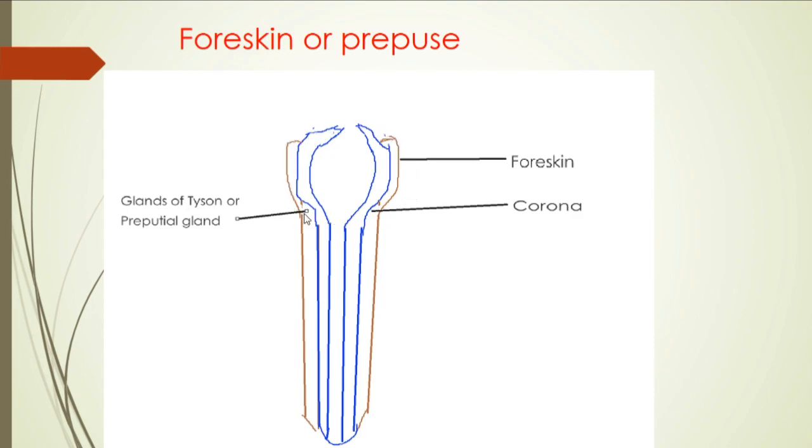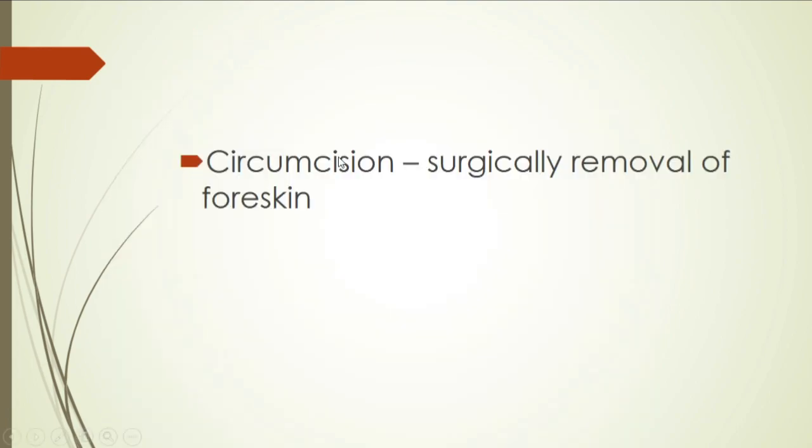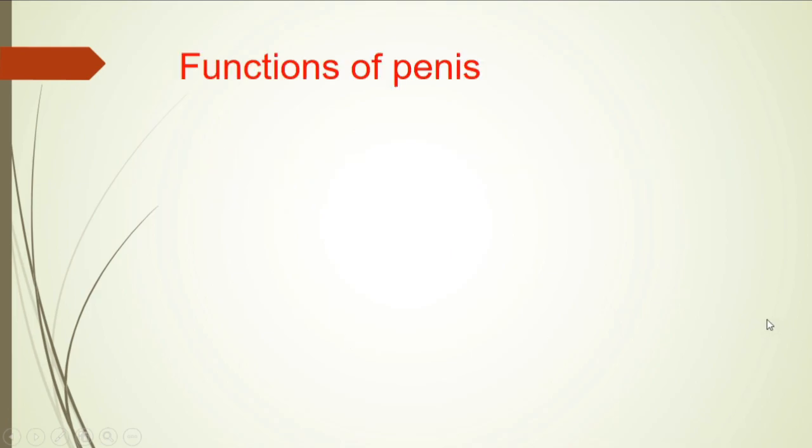There is a way, and that way is called circumcision. Circumcision means surgical removal of the foreskin. After circumcision, there is no foreskin on the penis, and as there is no foreskin, the smegma formation would be reduced.